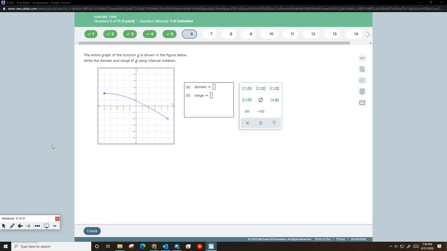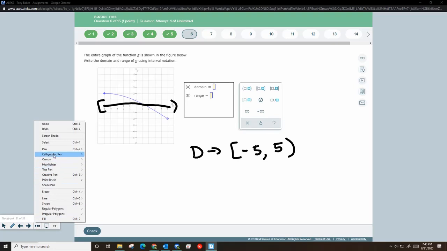All right, so I'm looking for negative 5 to 5. So that's my domain. Negative 5 is a closed dot, so it's a bracket. 5 is an open dot, so it's a parenthesis. So my domain is going to be bracket negative 5 to 5 parenthesis.